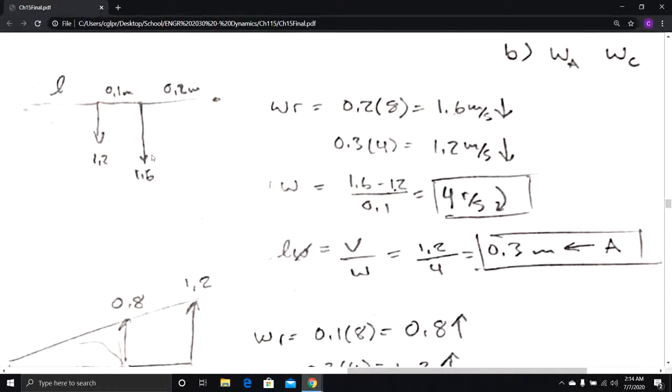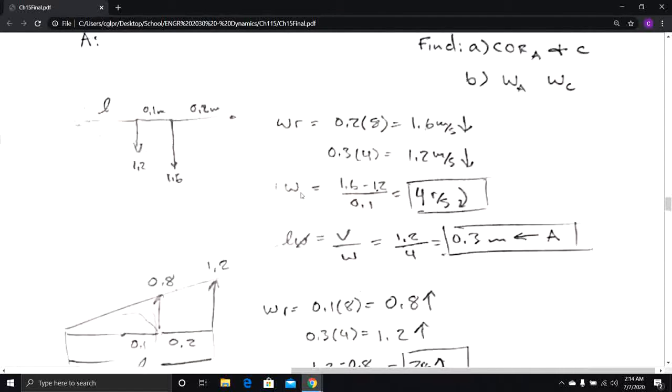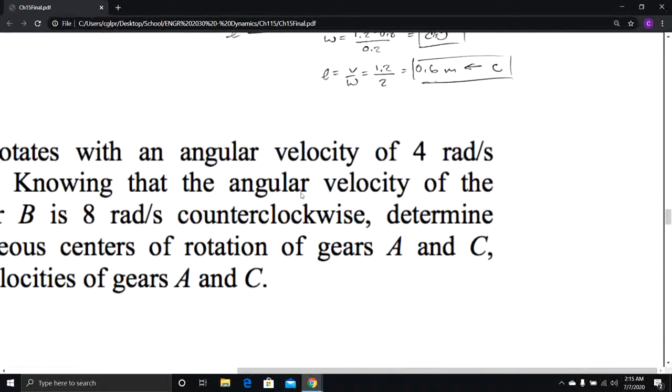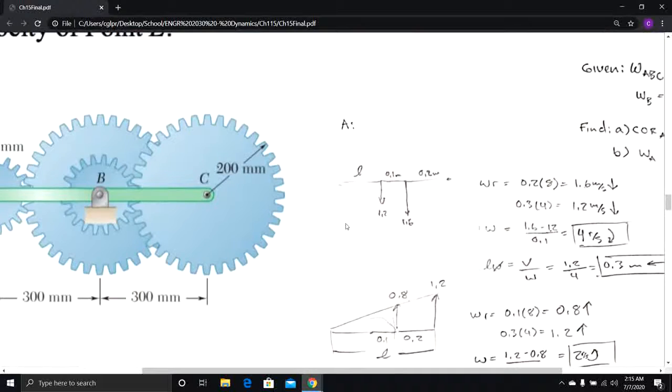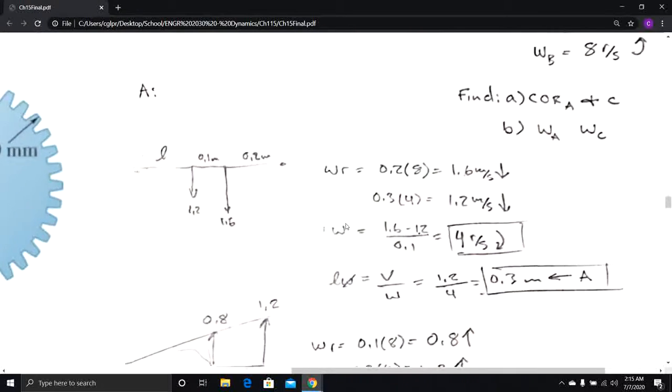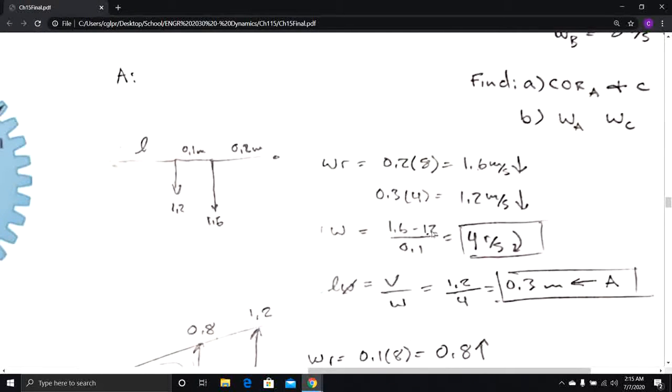I can then use this triangle and the relationship here to determine the omega of the instantaneous centers of rotation, which is the differences in velocity over the difference in x.